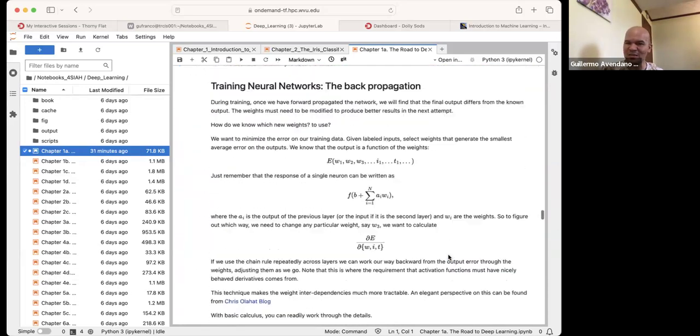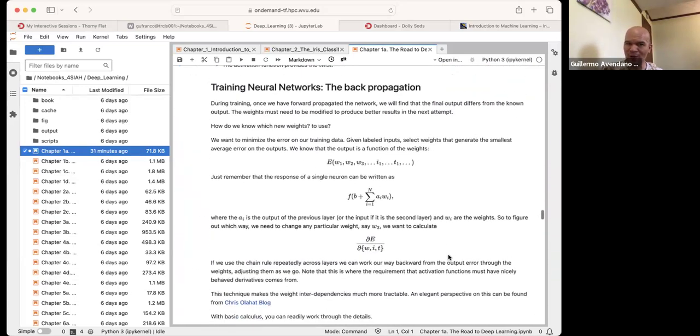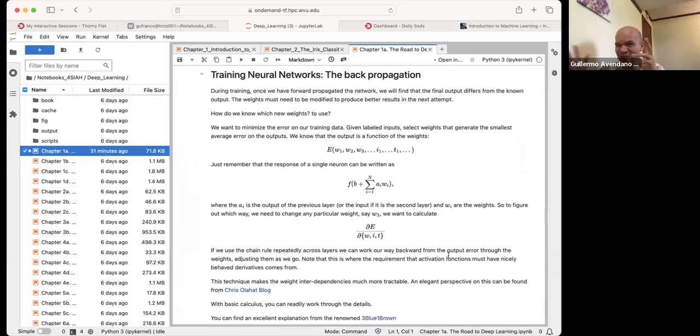So that is backpropagation. Backpropagation is the magic sauce that makes neural networks work. How can I change all those weights?